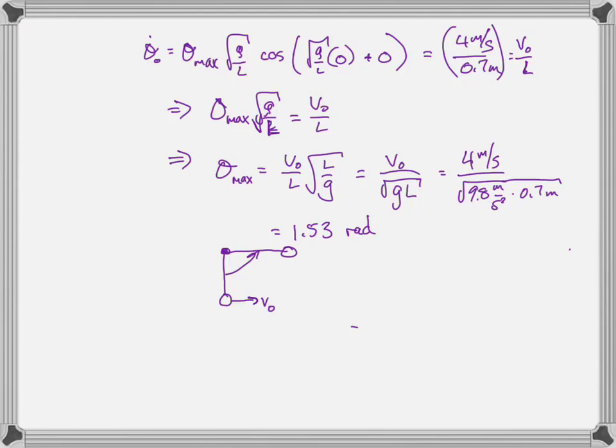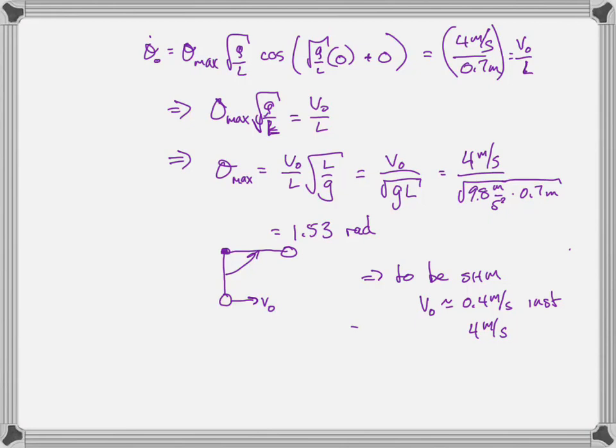So I should have reduced that initial velocity. For this to be simple harmonic motion, and I should have asked that question really, V0 should be about 0.4 meters per second instead of 4 meters per second, because that will then give an initial theta max of 0.15 radians, which is much more reasonable. That's about 10 degrees.